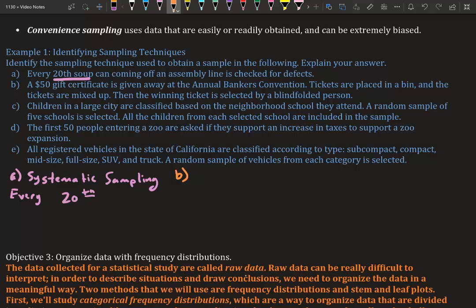A $50 gift certificate is given away at the annual bankers convention. Tickets are placed in a bin and the tickets are mixed up. Then the winning ticket is selected by a blindfolded person.